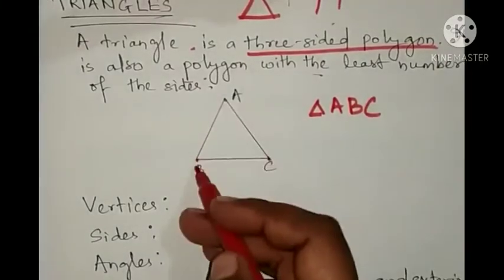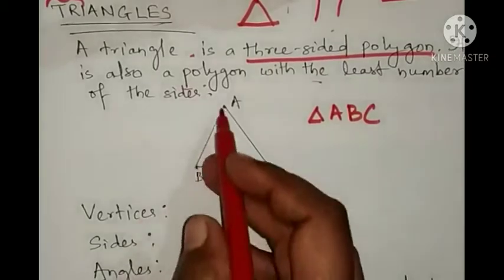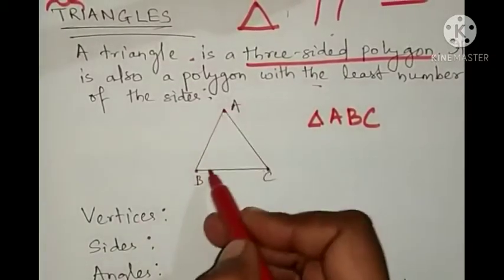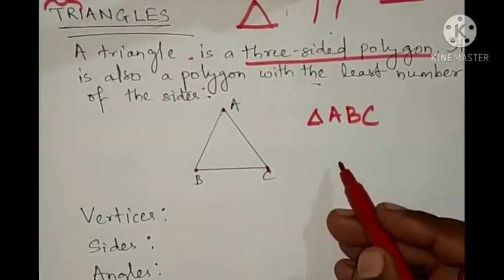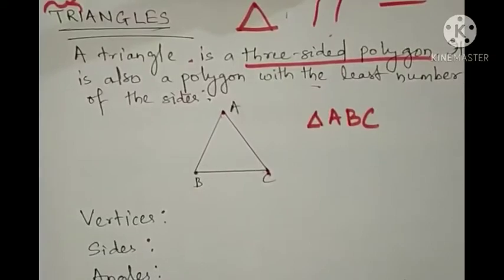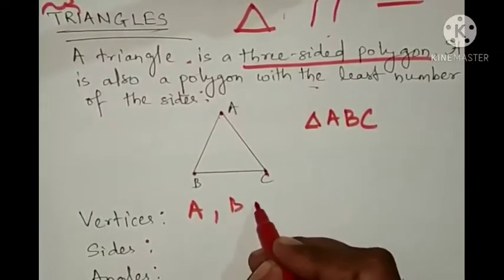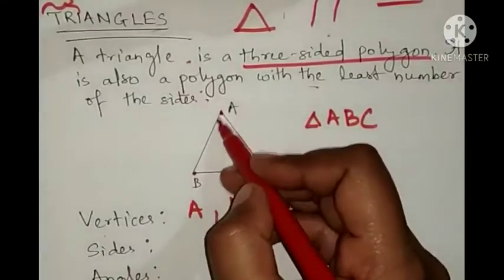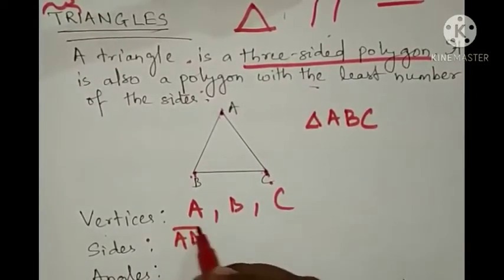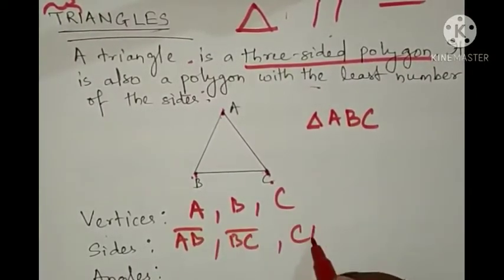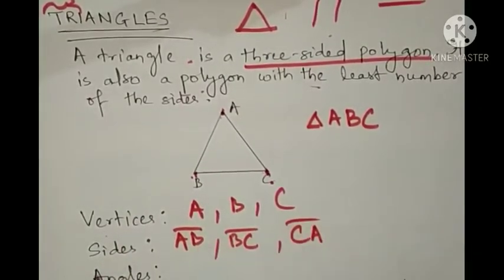In triangle ABC, there are 3 vertices: A, B, C. Then the sides are AB, BC and CA. So in a triangle, we have 3 vertices and 3 sides.